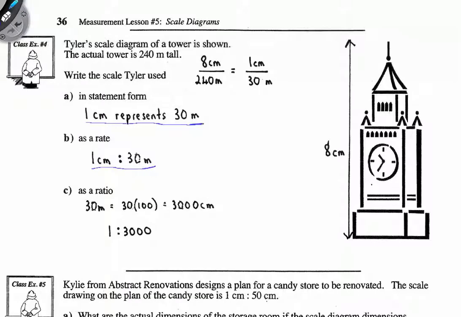But when it comes to ratios, it's 1 actual unit represents 30 units in real life. So let's change these to the same units. I guess we can change 30 meters into centimeters by multiplying by 100. So we get 3,000. So 1 centimeter to 3,000 centimeters in real life, or 1 to 3,000 is the actual scale as a ratio.